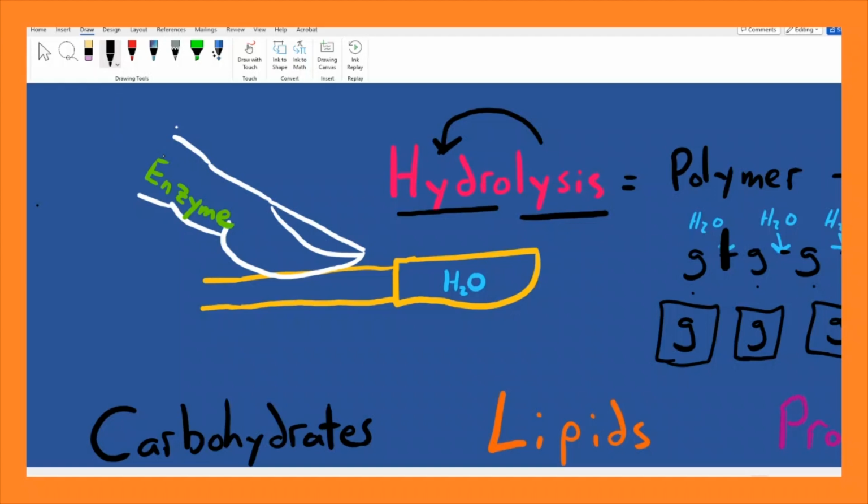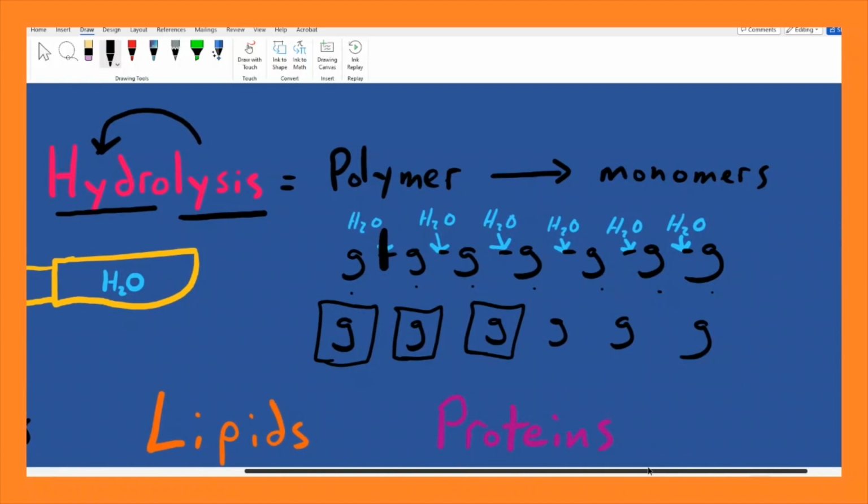Running the scalpel is an enzyme. So an enzyme that performs hydrolysis is called a hydrolase enzyme because it hydrolyzes something. Water is my chemical blade, and the chemical blade is driven by a specific enzyme that cuts apart my polymer into monomers, which I can absorb.